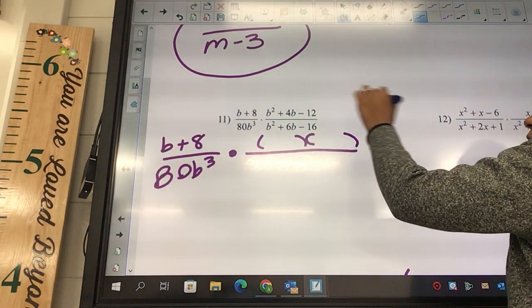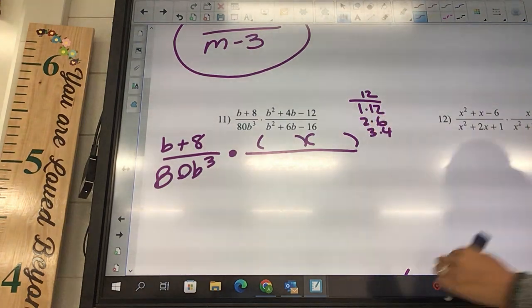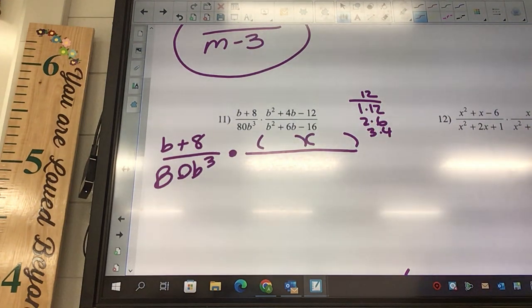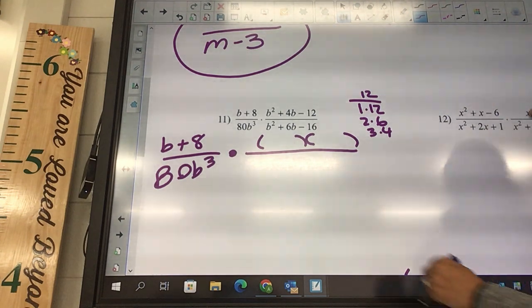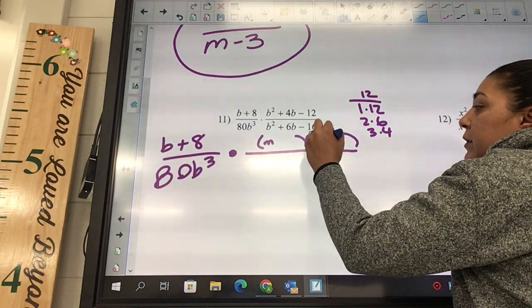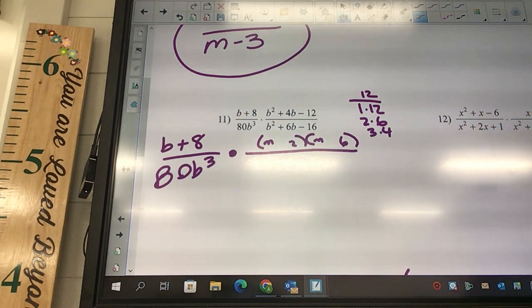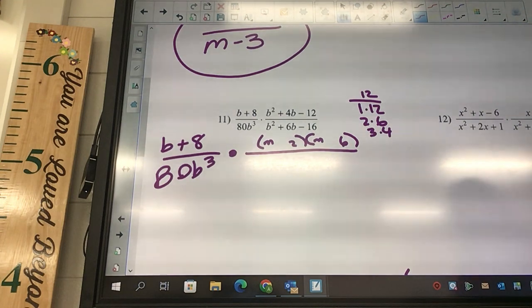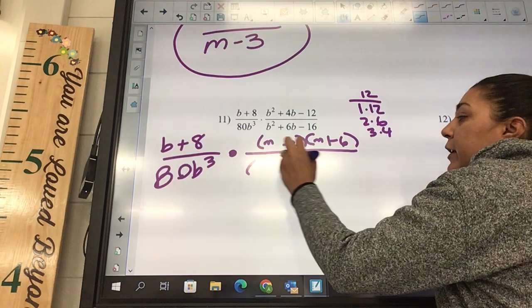And we're going to factor a list of 12, so 1 and 12, 2 and 6, 3 and 4. I need something to give me a 4. 2 and 6. And I need a positive 4. -2 plus 6. And then the bottom one, we need to factor also.